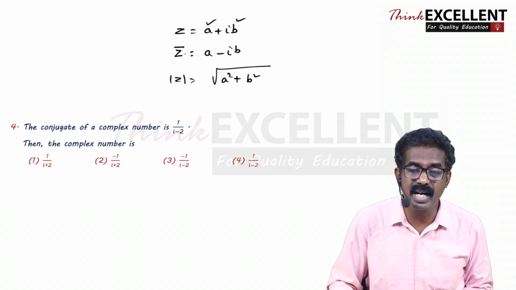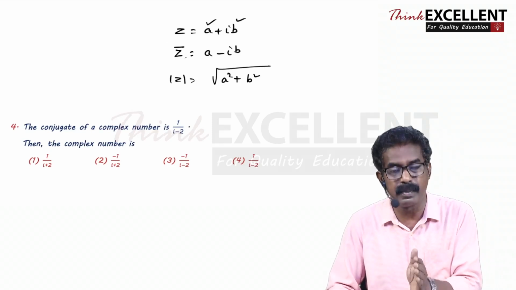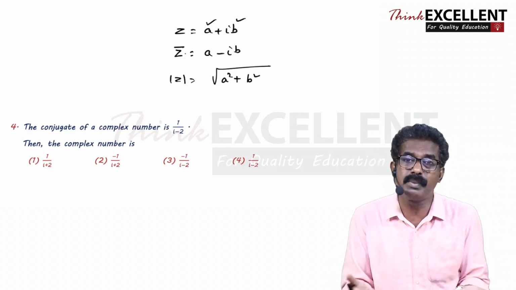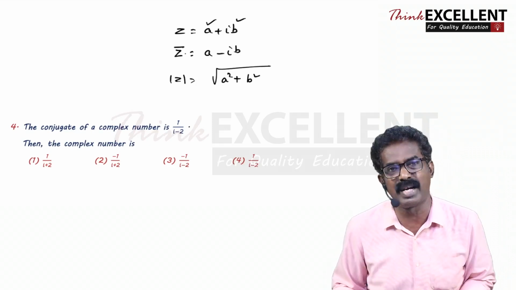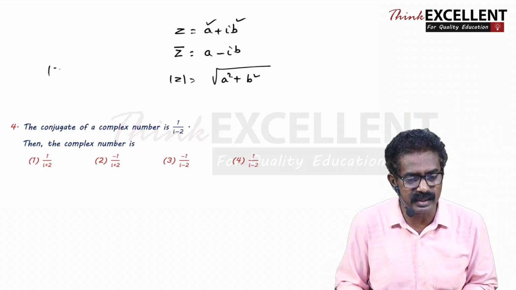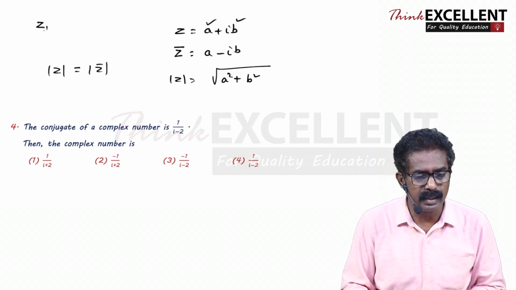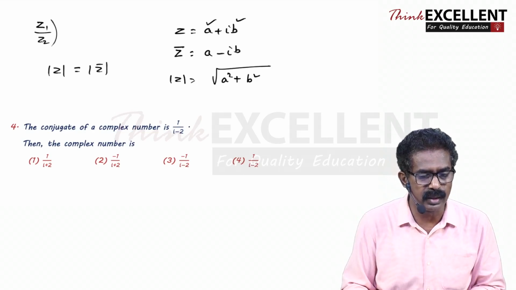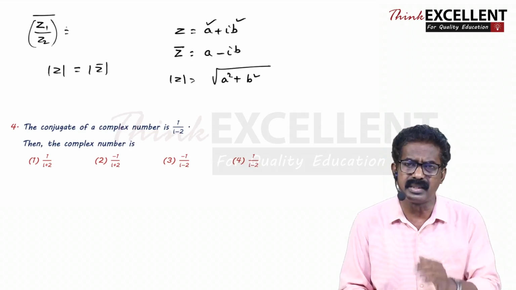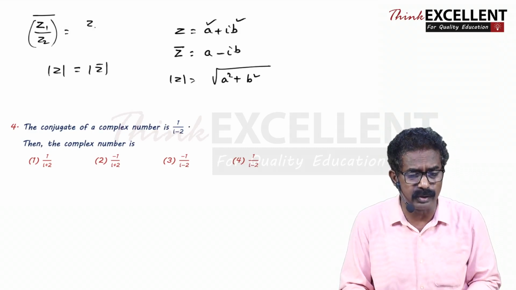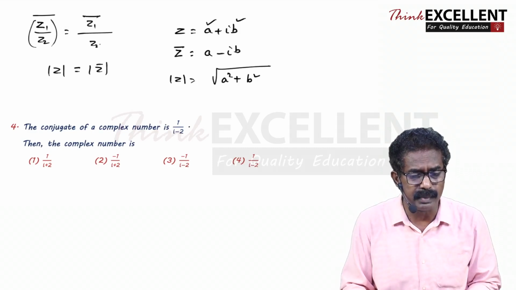Modulus of Z bar, root of a square plus minus b square, minus b square also is b square only. You will get the same value. So modulus of Z and modulus of Z bar are both the same. Then Z1 by Z2, if I want to take the conjugate, you can take Z1 bar by Z2 bar separately, right? For numerator take separately, for denominator take separately.